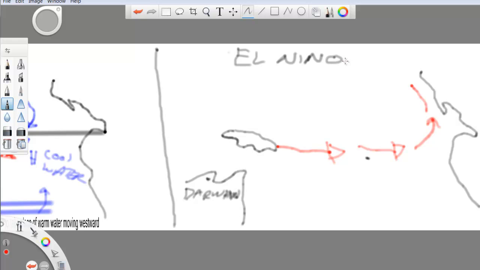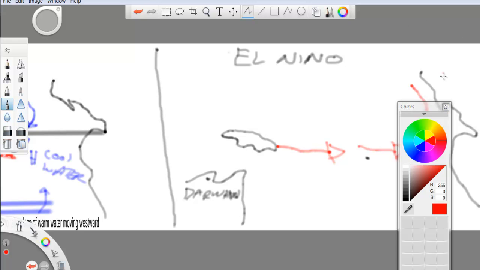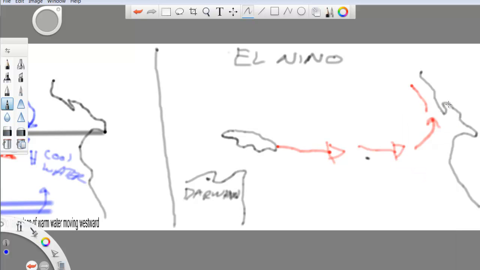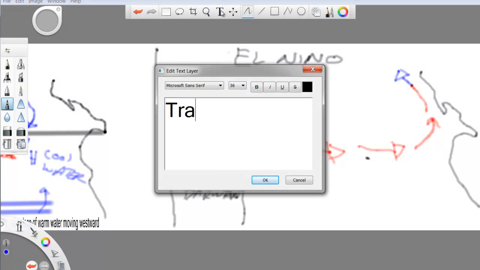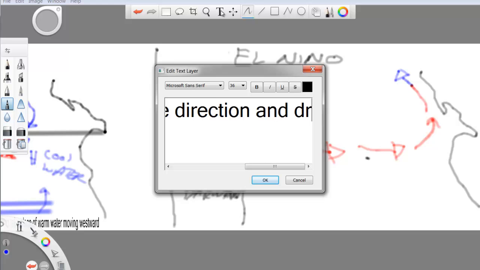And then these waters start to cool the further north it travels past the equator. So trade winds reverse direction and drag warm western water back to the eastern edge of the ocean.